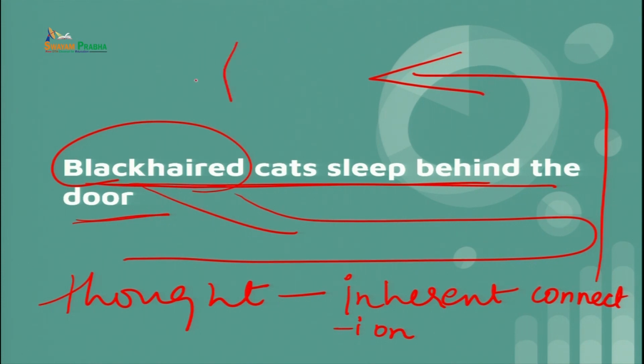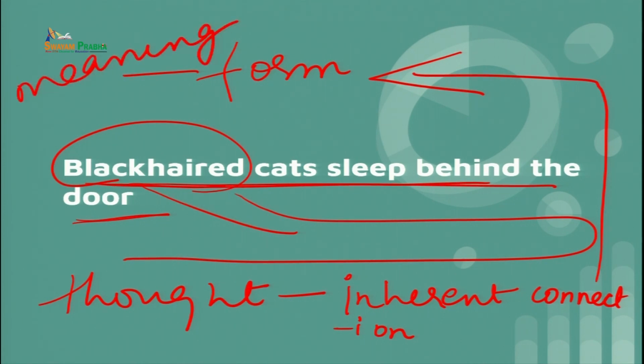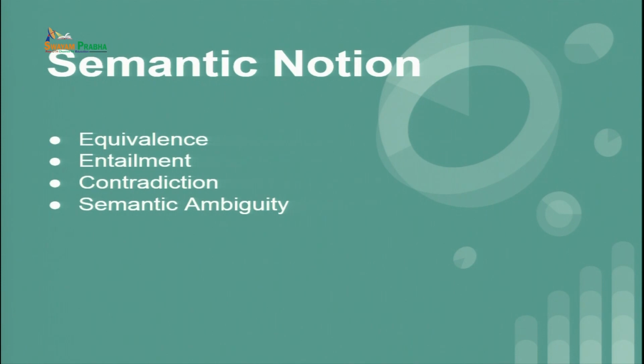First, form, and form leads to meaning. So, as we are talking about semantics, it is important to understand its notions, and to proceed further, we have these 4 concepts which are important to understand.